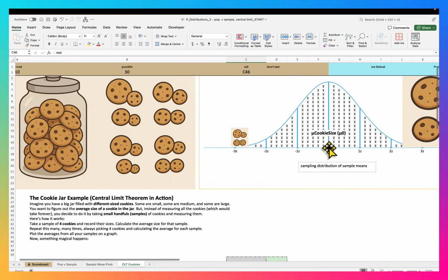So this is the real average size right here, whatever this is. We're showing z-scores, so we don't have the raw values. But this is the true average size of a cookie in the jar, just based on the sampling distribution.